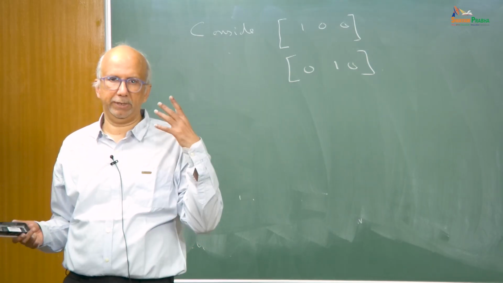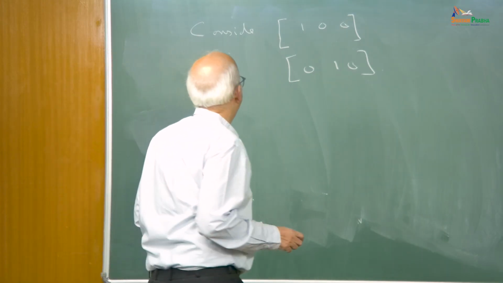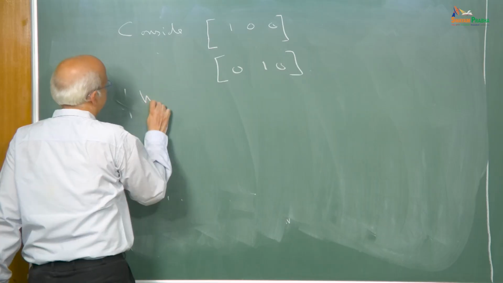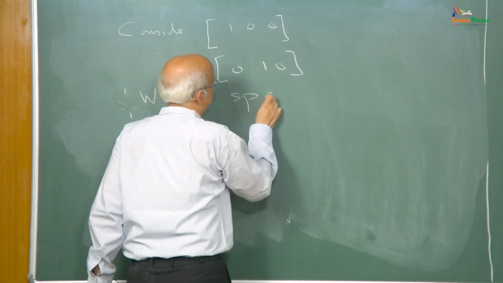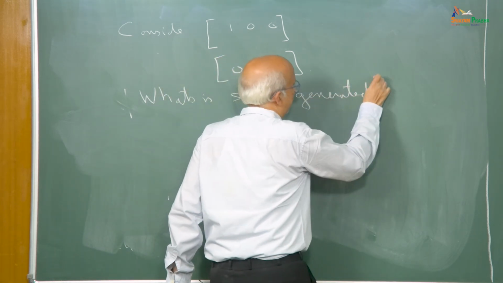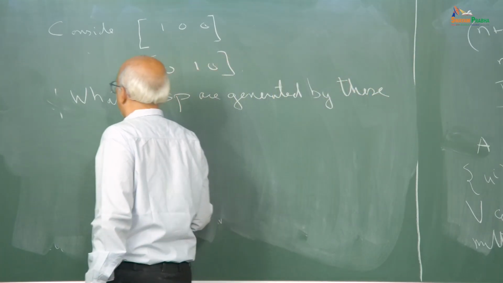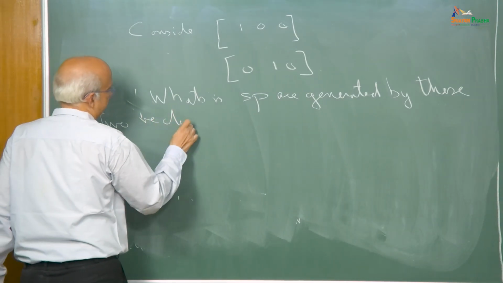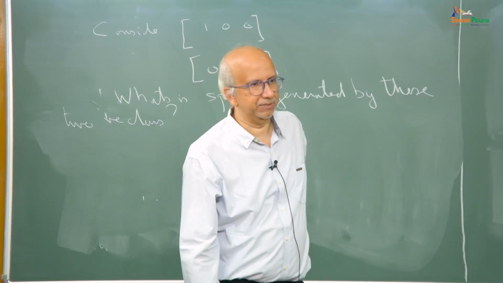I am going to take vector additions and scalar multiples of these vectors. What is the space generated by these two vectors? What is the dimension of the space?